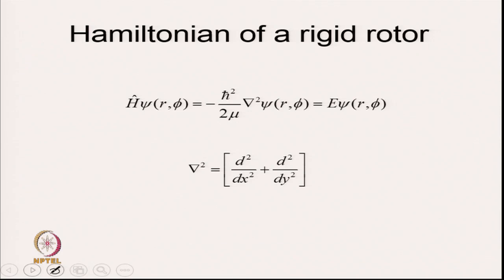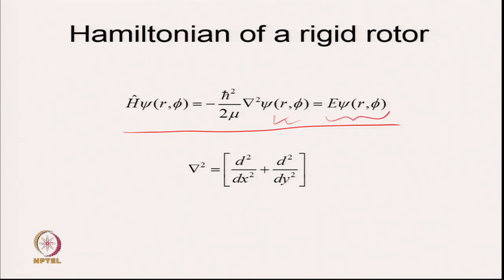So, the Hamiltonian of a rigid rotor is given by this equation: H psi is equal to minus h cross square by 2 mu del square psi. This is your Laplacian operator, and that will give you your E psi.